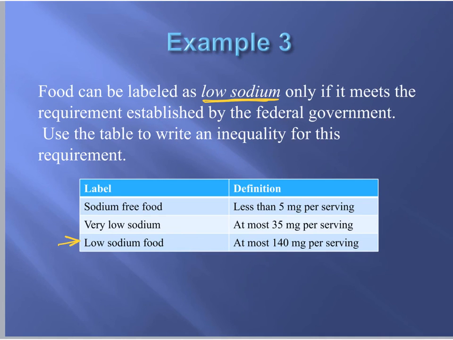So if I have to write an inequality for this, and you can use whatever variable you like, I'm going to put L for low sodium. So low sodium food, it says, is at most 140 milligrams per serving. When it says at most, it means it can be 140, but as soon as it turns into 141, it's no longer considered low sodium.